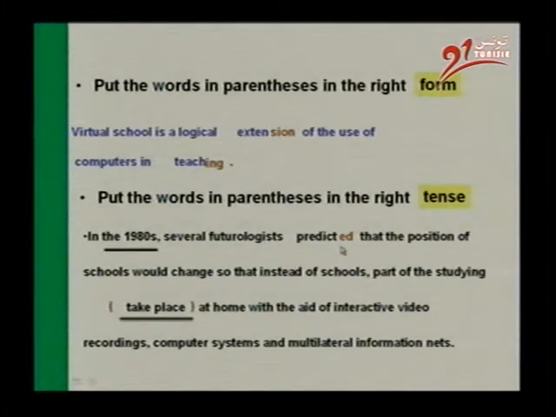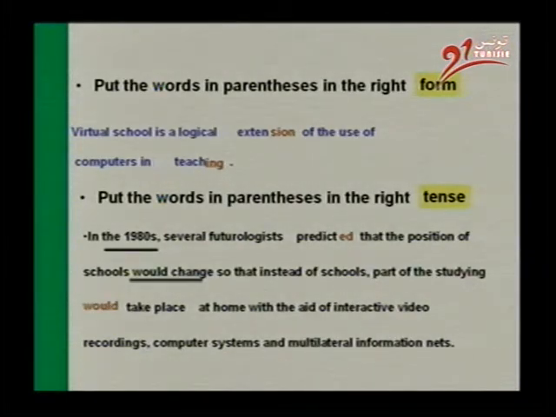And for the second verb, part of the studying, in my decision of the tense I have to refer to a previous verb, which is would change. And since I spoke about futurologists, they are going to predict something that's going to take place in the future. But pay attention, if I speak about the future, it's not necessarily something related to the present time.